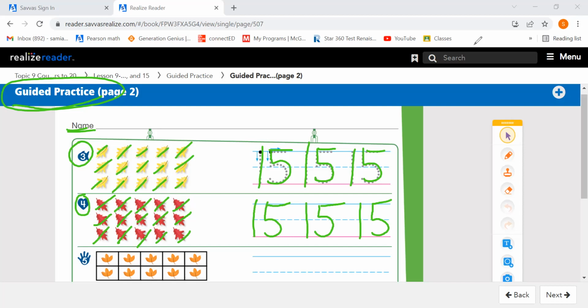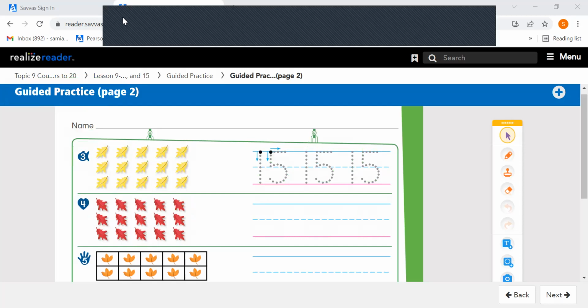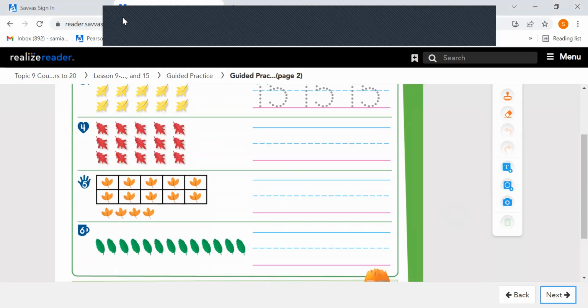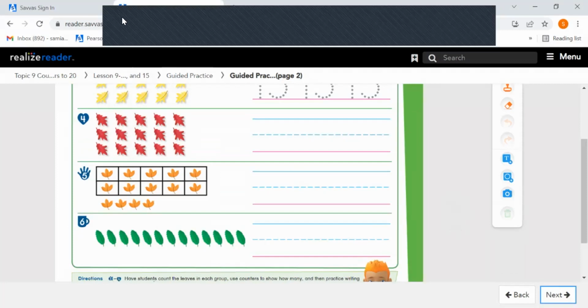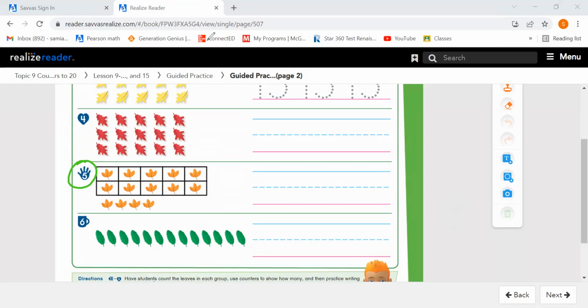Okay, now let's look at number 5. Let me erase this and go up to number 5. All right, we're here now. We see a 10 frame. How many leaves are in that 10 frame? We should know that without counting. There are 10 leaves in the 10 frame.